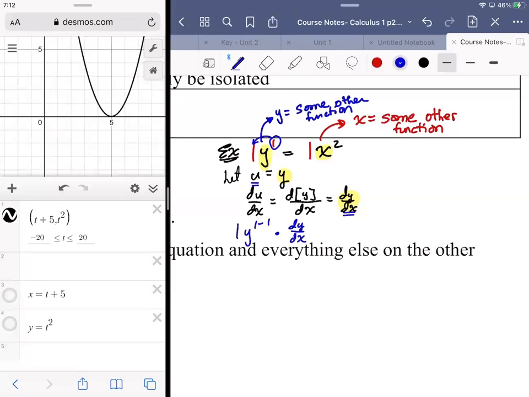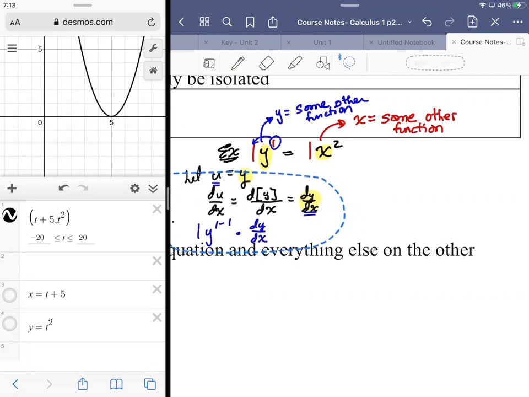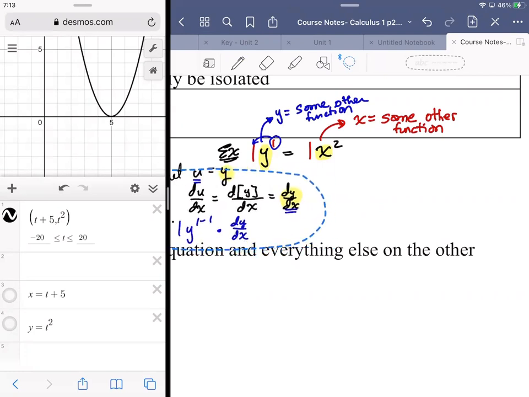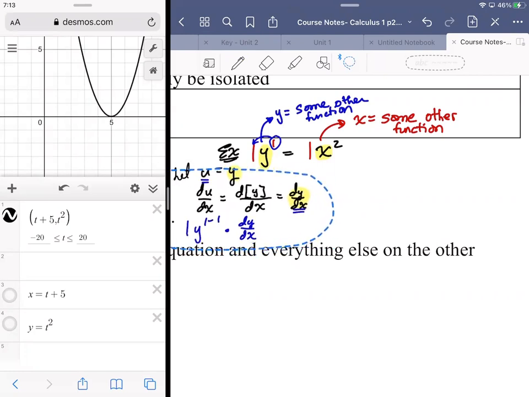The same idea would hold true on the other side. So we would do all this stuff again, just with the x. Since we're done with the u here, I could use the u all over again, but I could also use a different variable if I want. It really doesn't matter. But you could look at it as two separate instances of u.